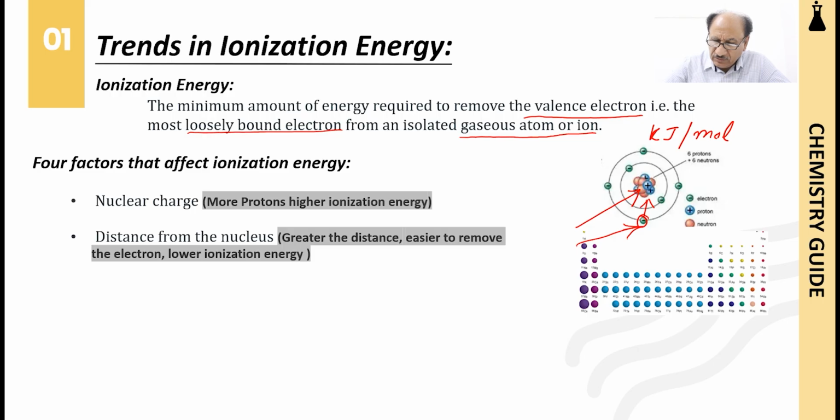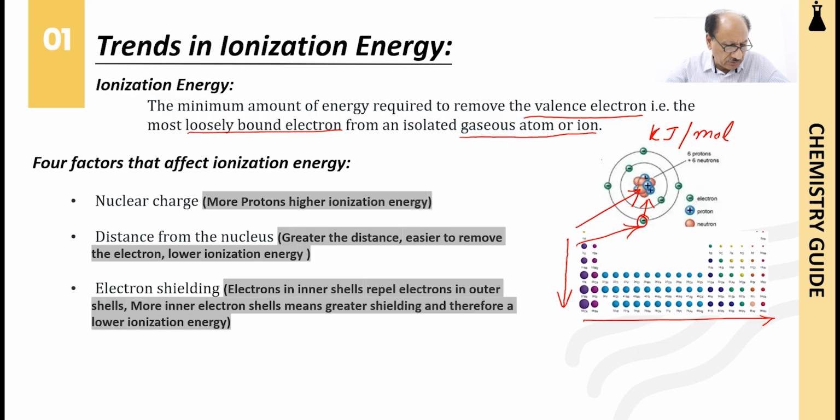We can see in the periodic chart that the size of atoms increases down the group, and this is why the ionization energy reduces down the group. And from left to right it is increasing because charge is increasing but size is reducing, so electrons come under higher influence of the nucleus.